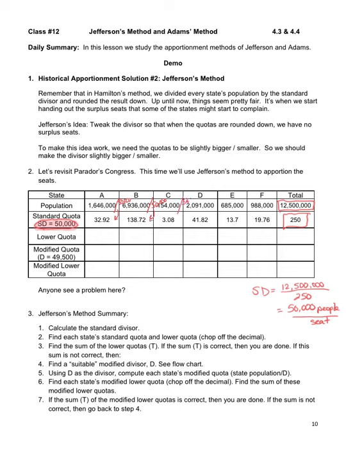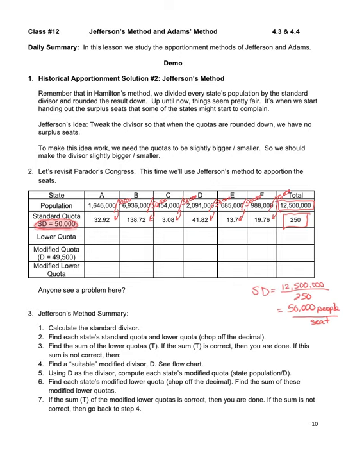So dividing each of these by 50,000, just pencil in the rest of these, and you can grab a calculator and double check these. Okay, so that brings us to our standard quotas, which is the exact amount of seats a state should get if you could cut the seats up into smaller pieces, or fractions of a piece.